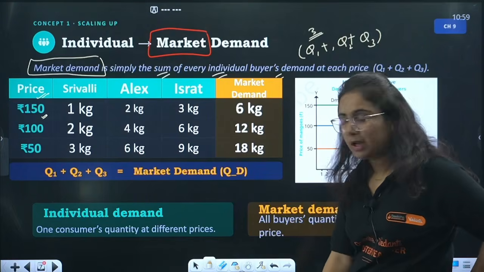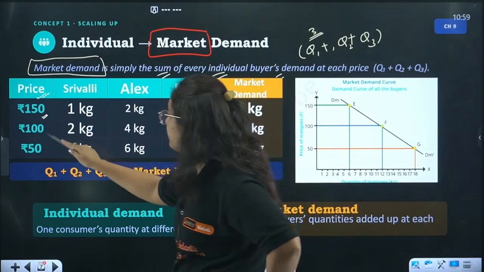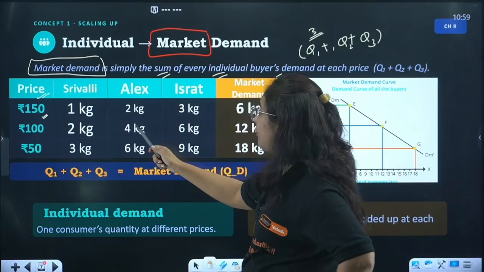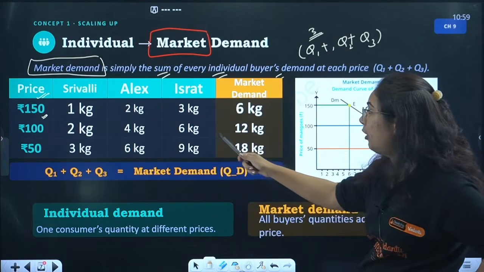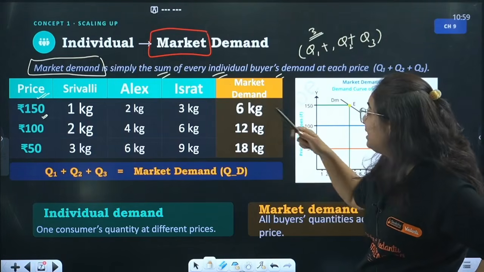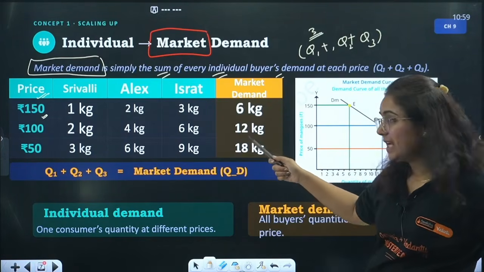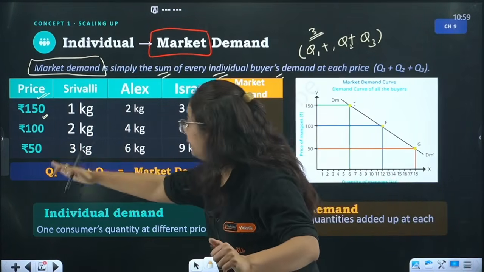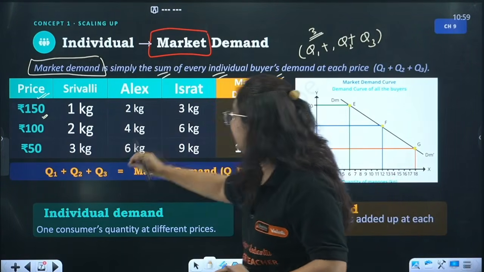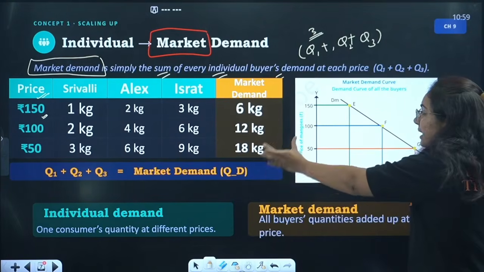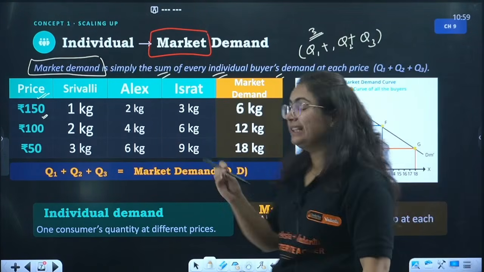But when the price dropped to 100, Srivalli can afford 2 kg now. Alex can afford 4 kg and Ishrat can afford 6 kgs. That is equal to a market demand of 12 kg. Now when the price dropped more to 50 rupees, Srivalli buys 3 kg, Alex 6 kg, Ishrat 9 kg and the market demand increased to 19 kg.